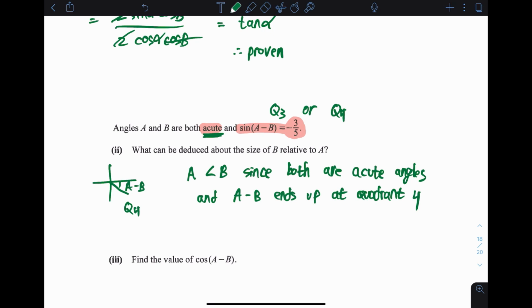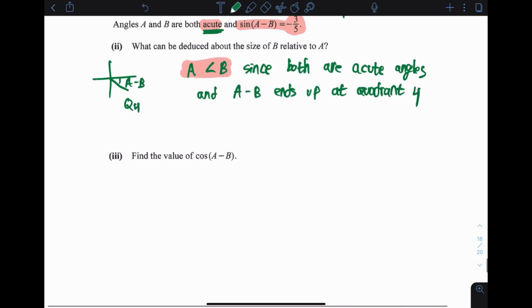So what can you deduce? Well, the deduction is that angle A is smaller than angle B. Simple as that. Find the value of cosine of A minus B.